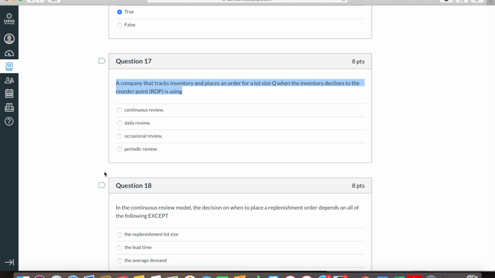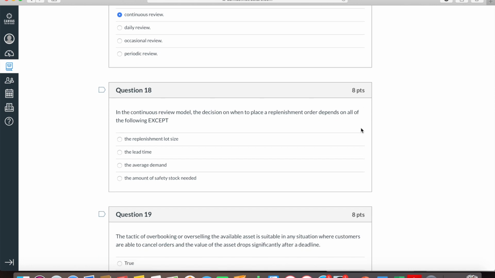You're getting a shipment of, I don't know, coffee once a month. Continuous review is when we reach a certain point, then you have to re-up and get more product. So it's continuous review in this point because they're talking about reorder point and places in a fixed inventory amount.